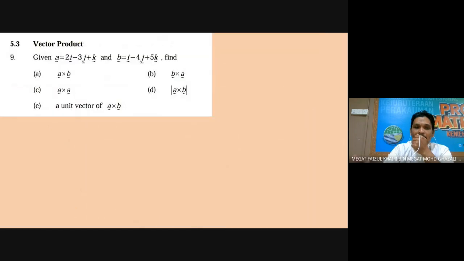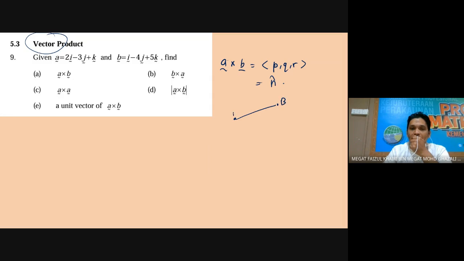Now, vector product. Which means that operation between A cross B, you will get another vector, a new vector, which is I, P, Q, and R, which is the normal of the vectors A and B. For example, if we have A to B and A to C, this vector is 90 degrees from AB and 90 degrees from AC.